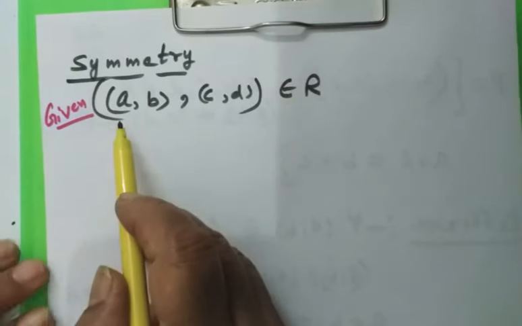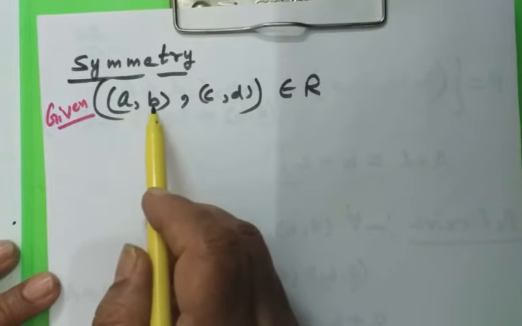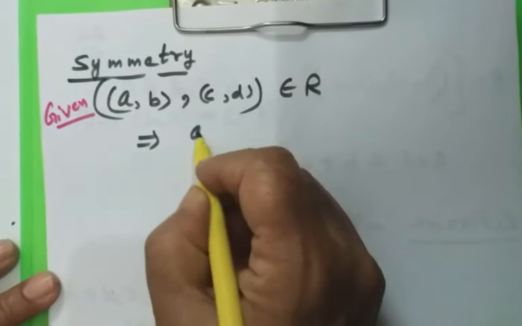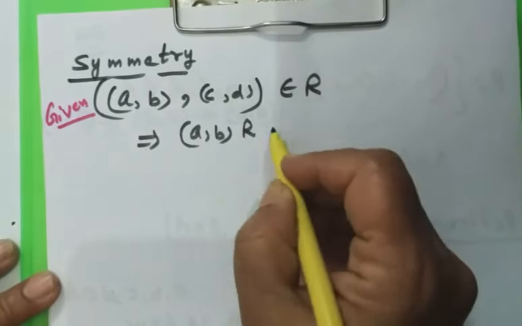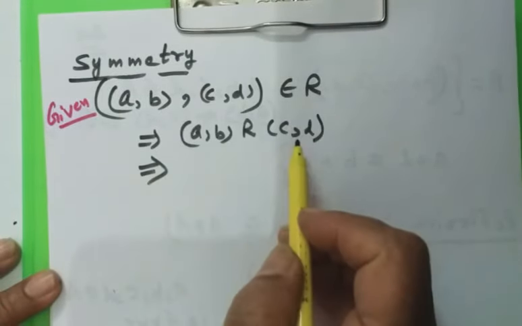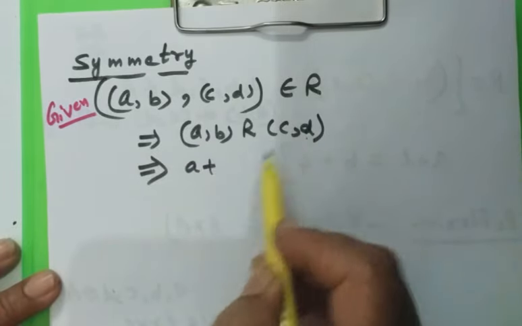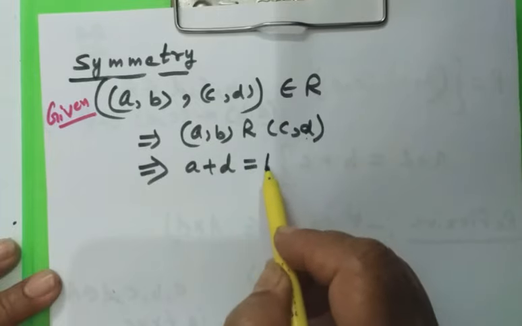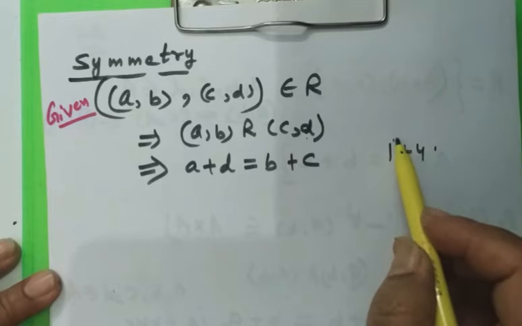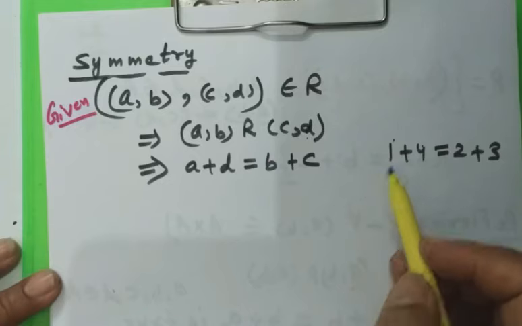So it is given to us for proving symmetry that the fourth tuple ABCD belongs to R. This means AB is related to CD, and the condition for AB to be related to the ordered pair CD is that A plus D is equal to B plus C. That is, first element plus fourth element is equal to second element plus third element.